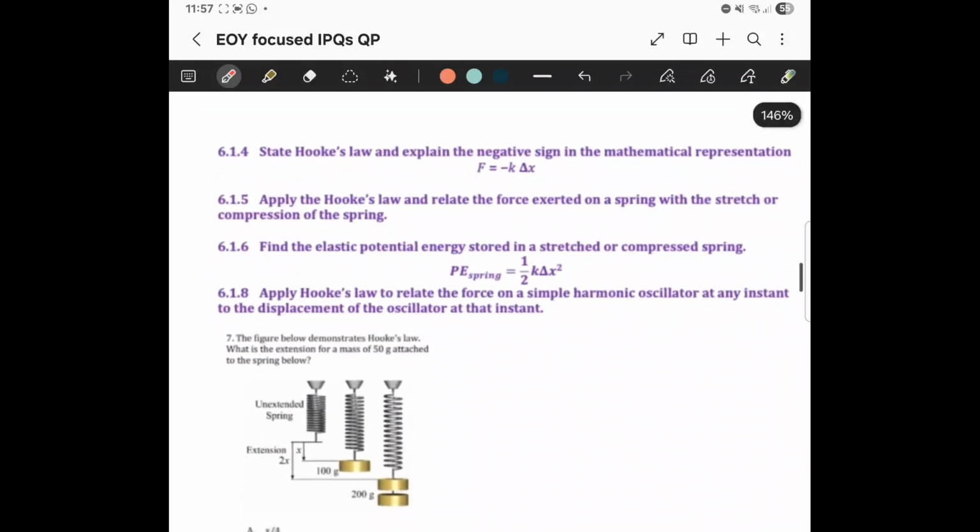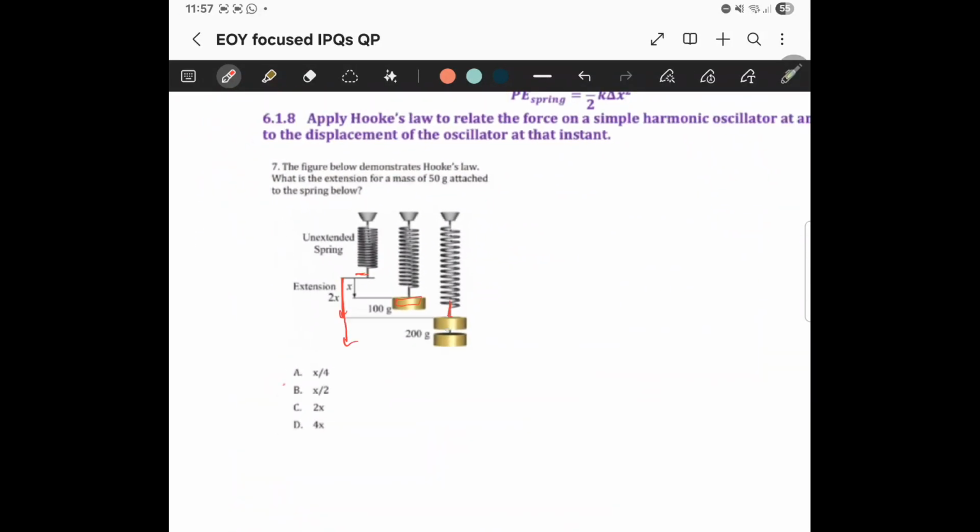Continuing on to the next part, we're now looking at Hooke's law. So the extension: 200, 2x; 100, x; 300, 3x; 400, 4x. But what is it saying? 50. Half of 100, half of x will simply be x over 2. So it's directly proportional. F equals kx, technically negative kx.